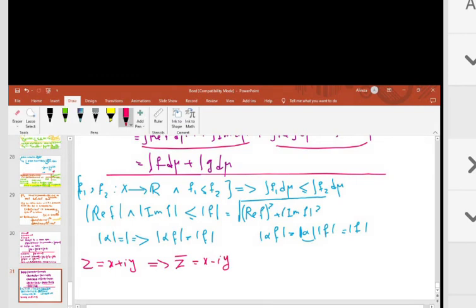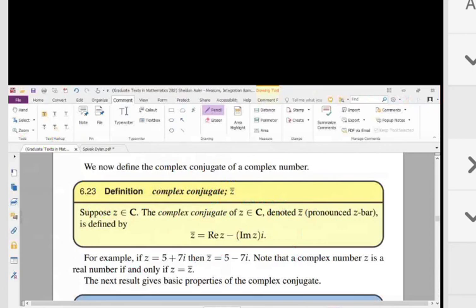Okay, this x is the real part of z and this y is the imaginary part of z. So this is equal to the real part of z minus the imaginary part of z times i. Okay, we have this definition. For example, if z equals 5 plus 7i, z bar equals 5 minus 7i, and other examples.